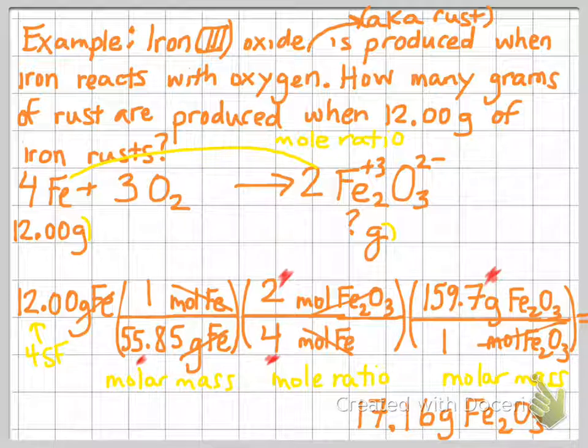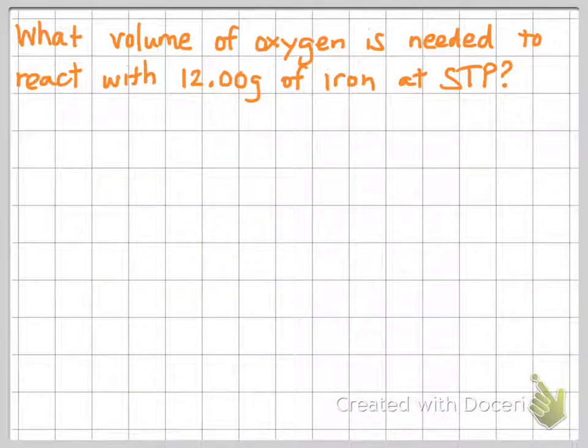Now, you'll notice on your outline that there's another problem. This problem asks, what volume of oxygen is needed to react with the 12 grams of iron at STP? So I'm going to go ahead and write my balanced equation again so I have it to look at.